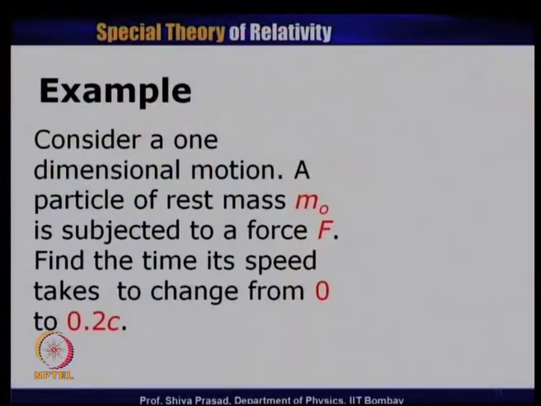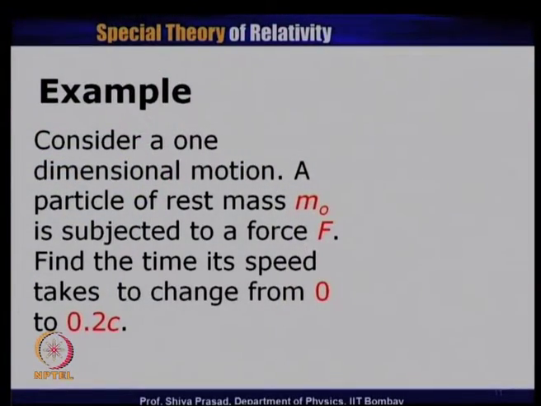For that we have taken an example. Consider a one dimensional motion, which we have been considering in this case. Let us assume there is a particle of rest mass m naught, which is subject to a constant force F. First find the time its speed takes to change from 0 to 0.2 c.